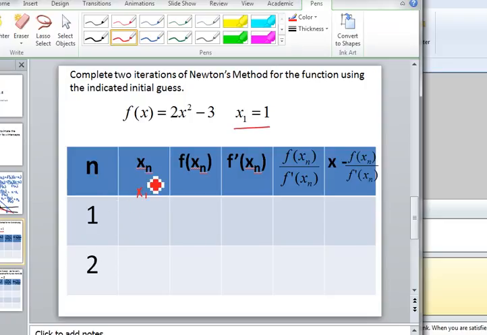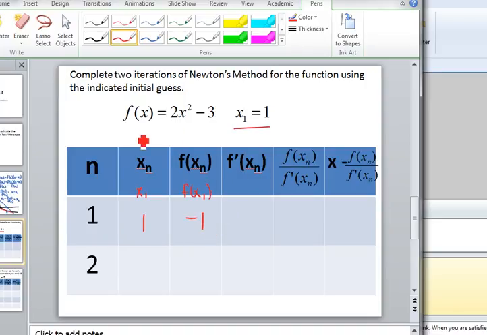This says find x sub n, which would be x of 1. Well, we know that's to be 1. Then it says to find f of x sub n, which would be f of x sub 1. That means I'm going to plug 1 in for the function right here. So I would end up getting 1 squared, which is 1, times 2 of 2. 2 minus 3 is negative 1.